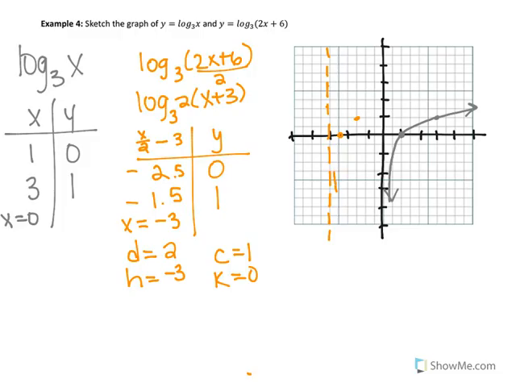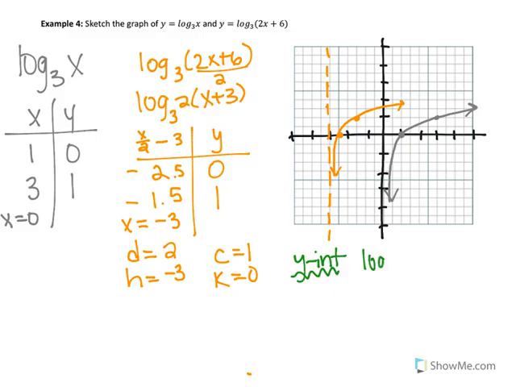So our new transformed function will be like this. Actually, be more like that. Okay, we can find the y-intercept exactly. So if we want to find the y-intercept, we're going to plug in a 0 for x.